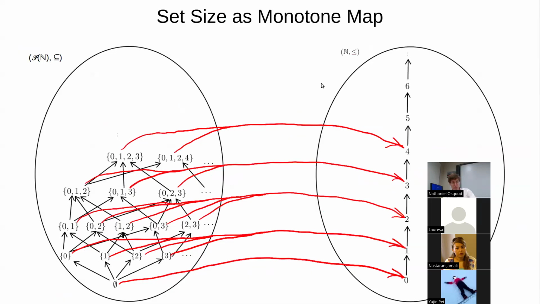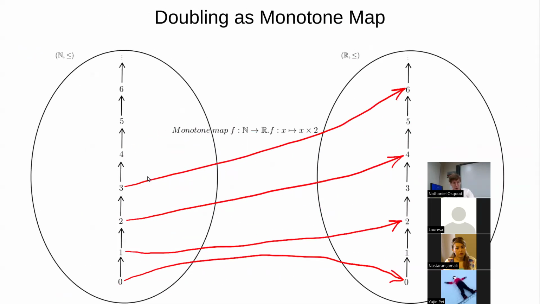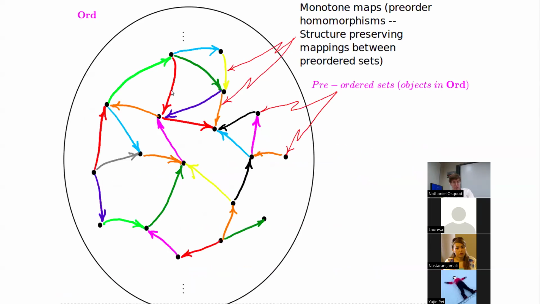So each of these is a pre-order, shown both left as a pre-order, right as a pre-order. I think we're comfortable with pre-orders. So each of these is a pre-order, and these maps are monotone maps. This is what we have in category after category after category. We are going to look for the objects to be a certain type of thing where the maps, the morphisms, honor the structure of the thing that's in there.